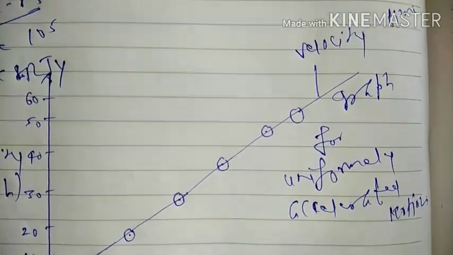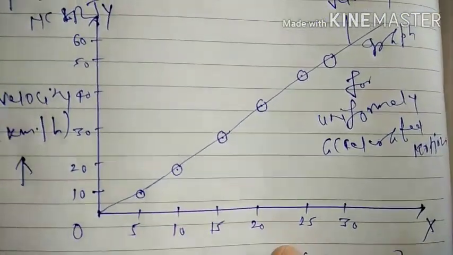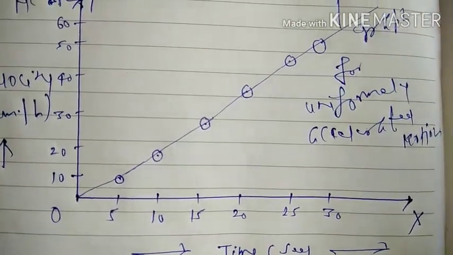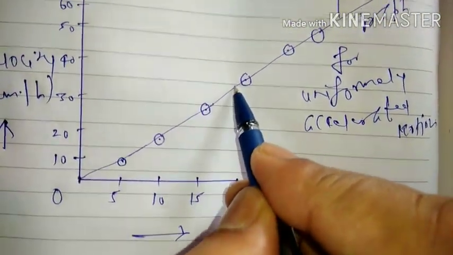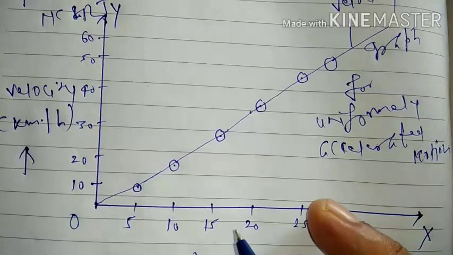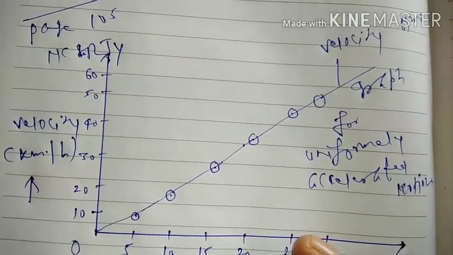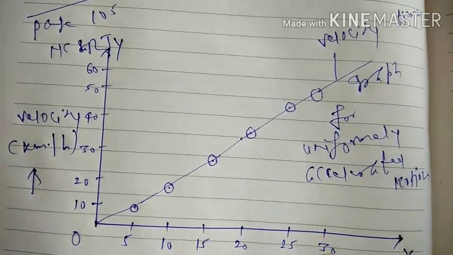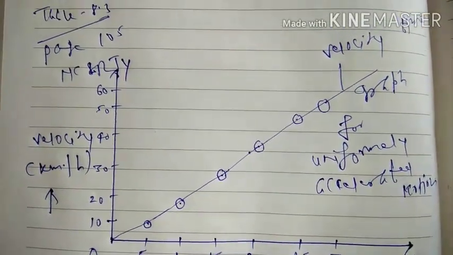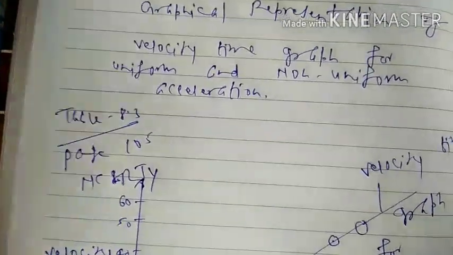In our last lecture, what had we seen? We had seen that if we draw a perpendicular from any point of the velocity time graph to the time axis, the point where it touches the x-axis gives us the appropriate time. So suppose we take 2 points on it.